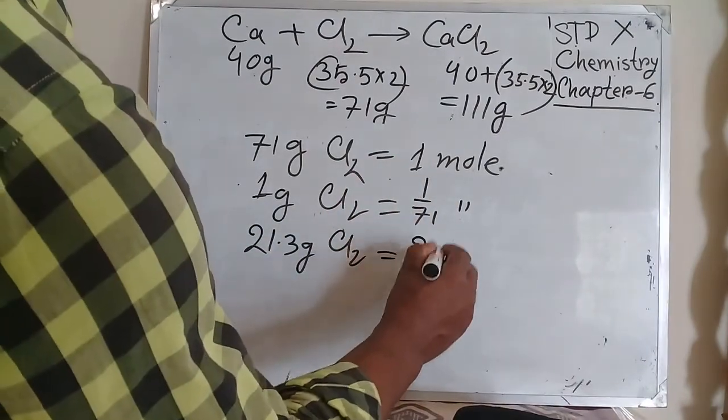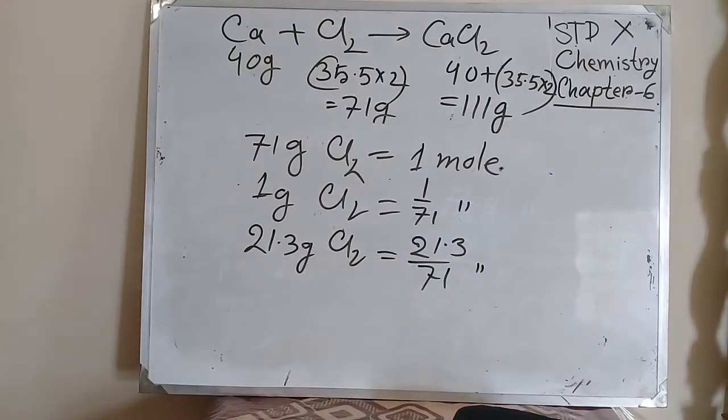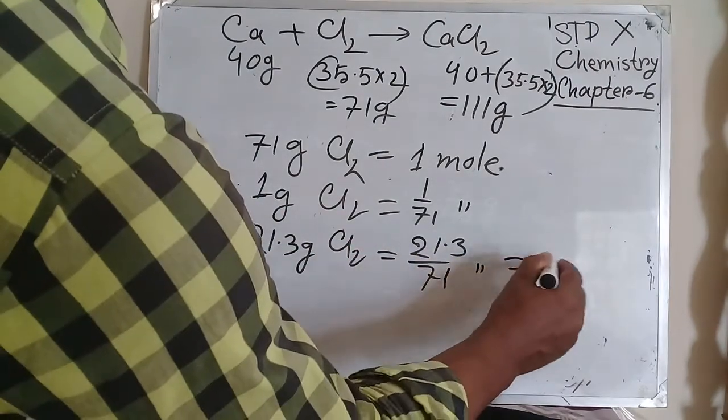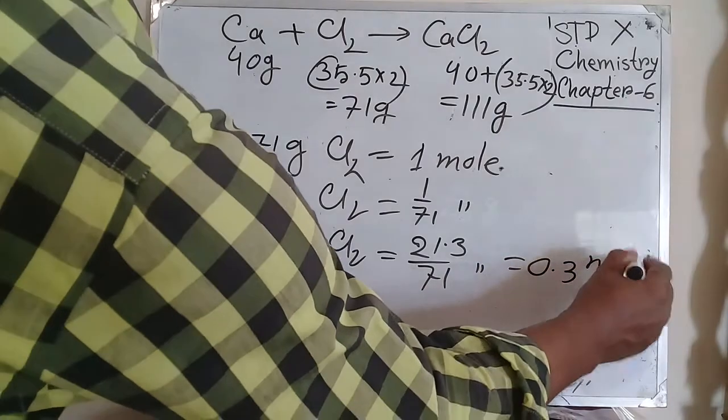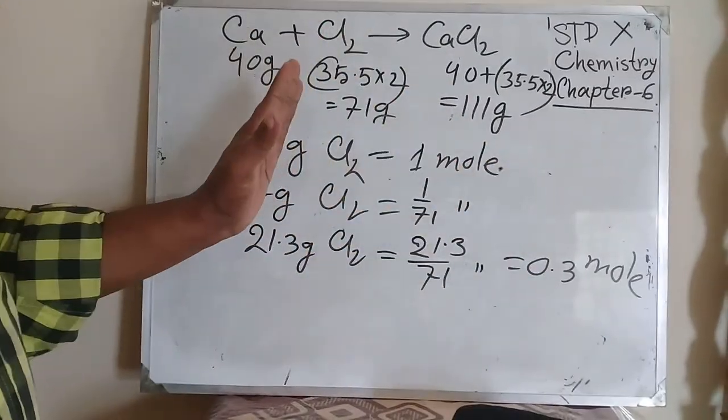So 21.3 divided by 71 mole. We have calculated already: 21.3 divided by 71 equals 0.3 mole. This mole will be used in the reaction.